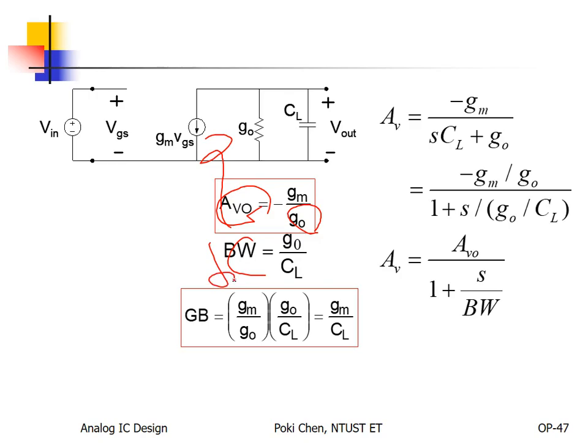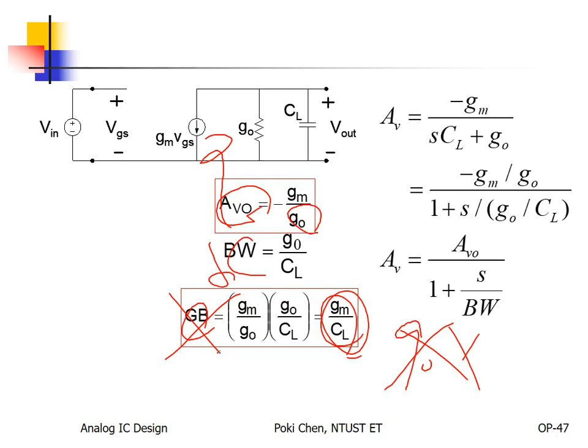So, for gain bandwidth product, you can see no GO or RO here. It means never mind how hard you try to increase your output resistance, you can only increase your gain, but nothing you can enhance for your gain bandwidth product. It stands still. Nothing you can do for your gain bandwidth product.